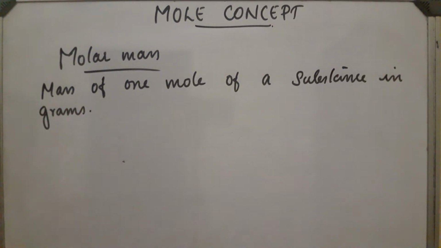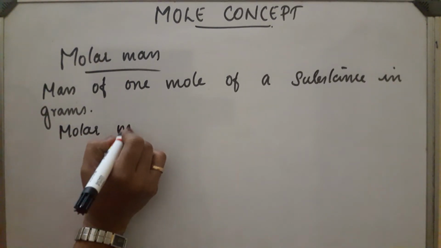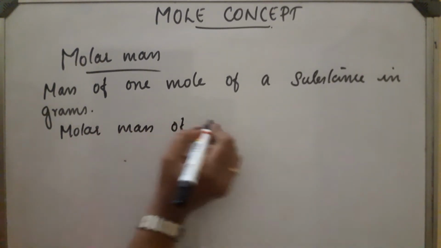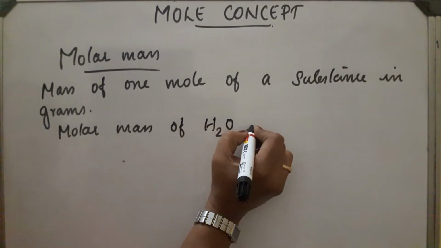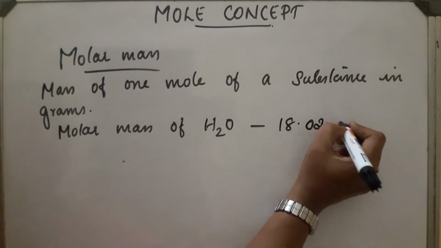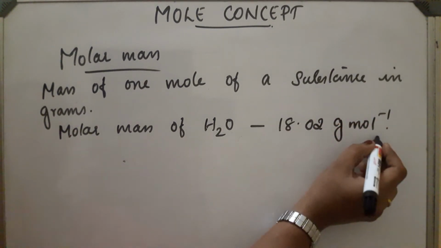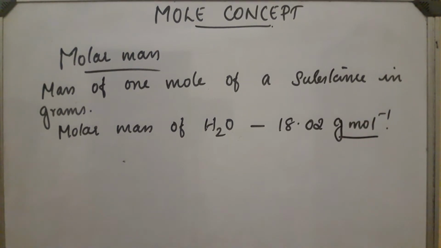For example, in the case of water, the molar mass of water is 18.02 gram mole inverse. So, the unit of molar mass is gram mole inverse.